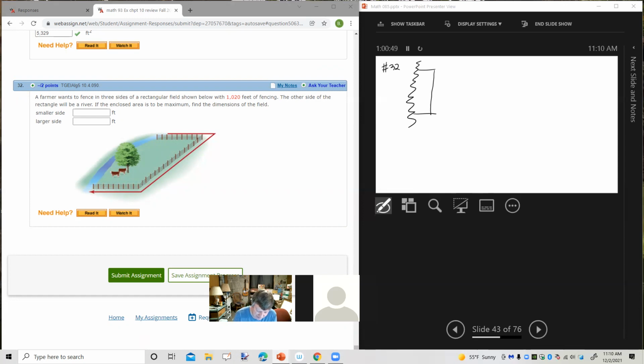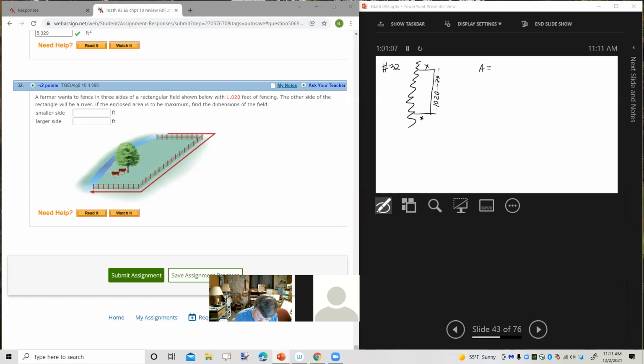Since this is 3 sides of a rectangle, these 2 sides have to be equal. So this third side here would be 1,020 minus 2x. Okay. Again, we want to maximize the area.